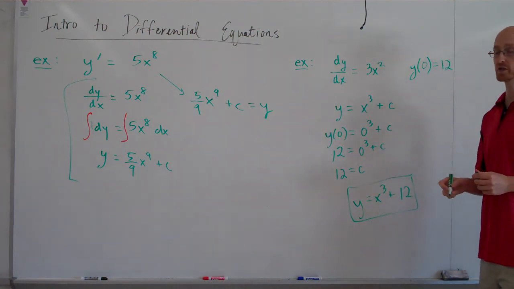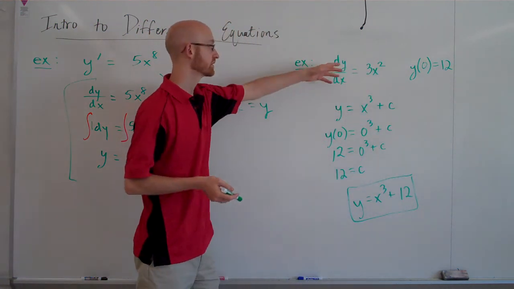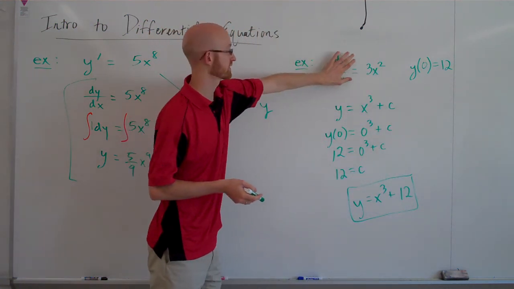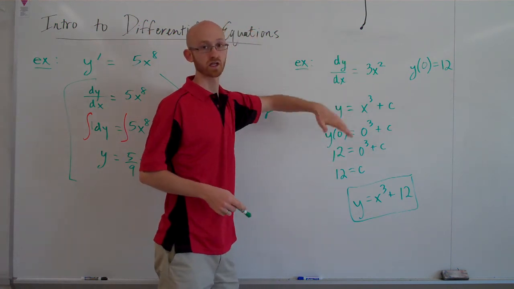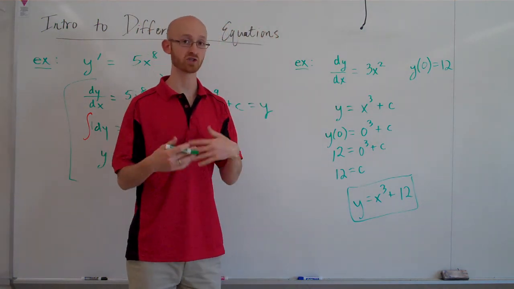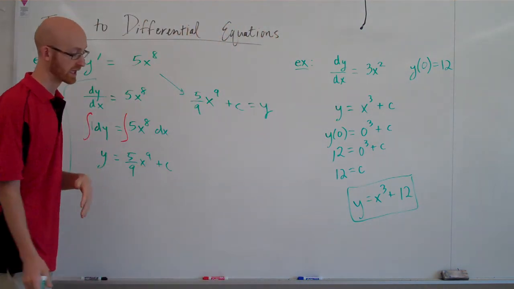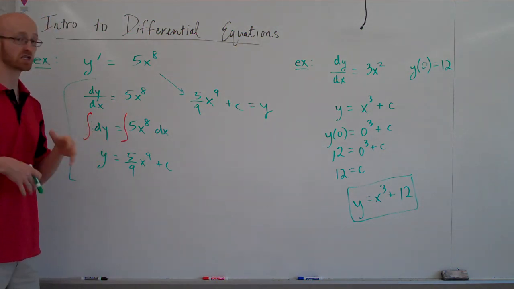And hopefully you're thinking to yourself, we've already done this. We've already taken functions, found their antiderivatives, and used a specific condition to find what function satisfies all of those conditions. What will happen in the future with differential equations is it'll just get more complicated.